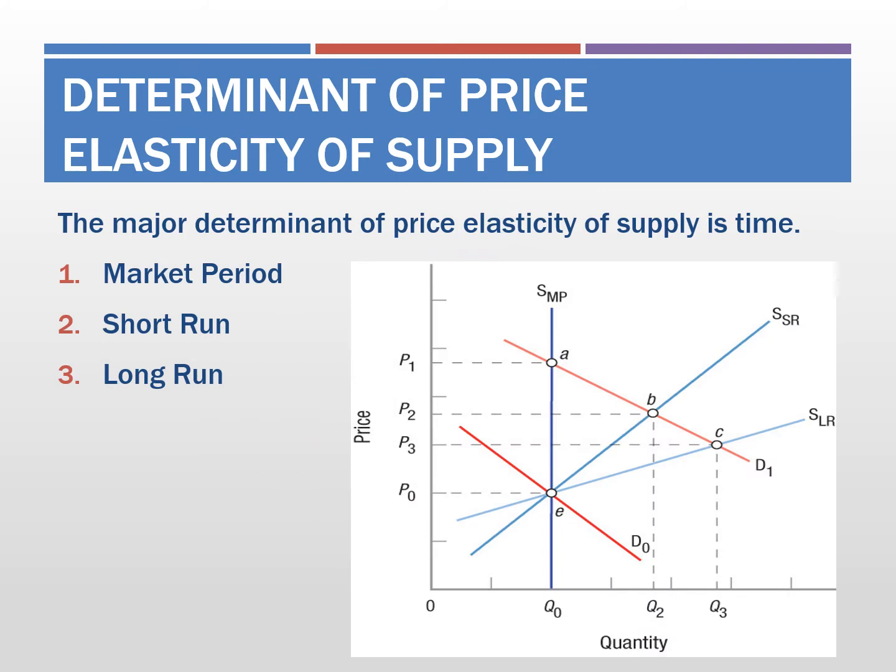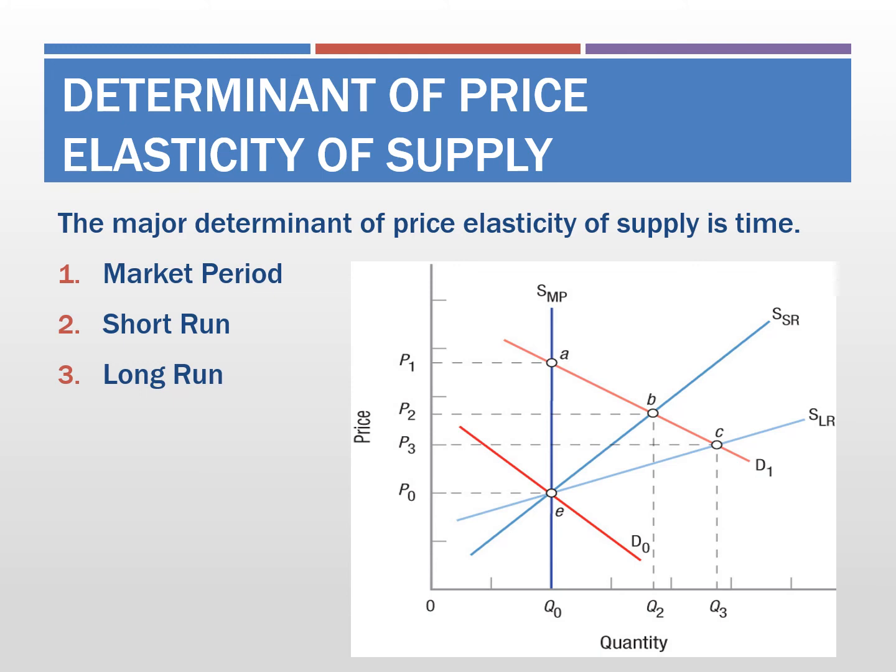Well, in the study of elasticity of demand, we looked at the determinants of the elasticity of demand. And now we would like to also think about the reasons some goods have a more elastic supply or inelastic supply.